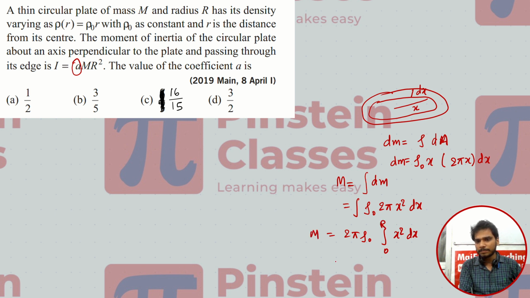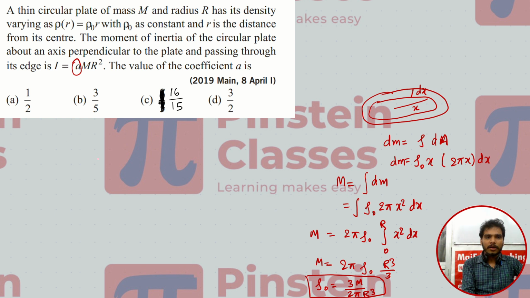This is capital M. We are trying to find out the value of this rho naught because it is not mentioned in our final expression. So M equals 2 pi rho naught r cube upon 3, and rho naught will be 3M upon 2 pi r cube. So we are going to use this value of rho naught later on.